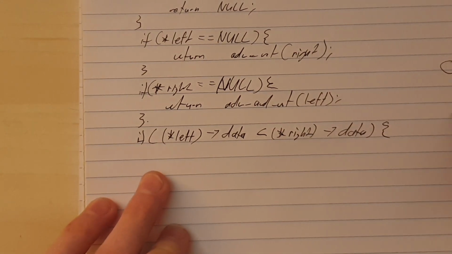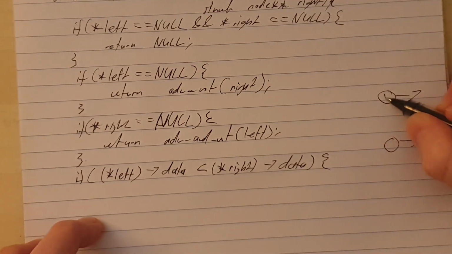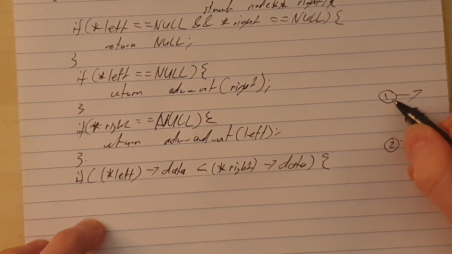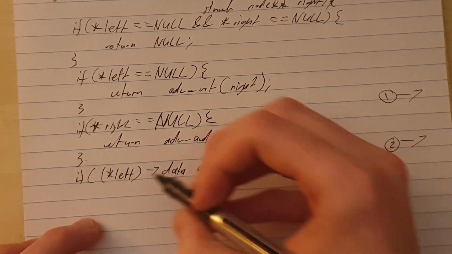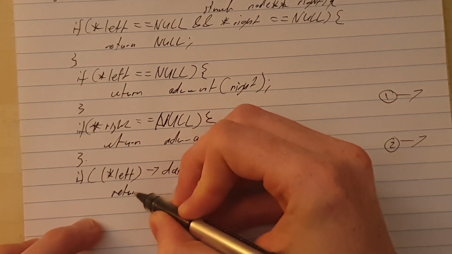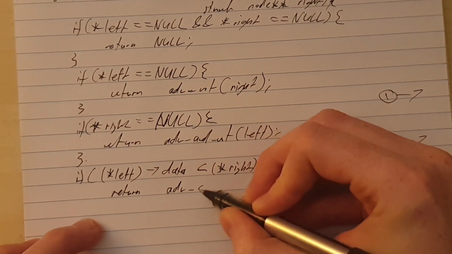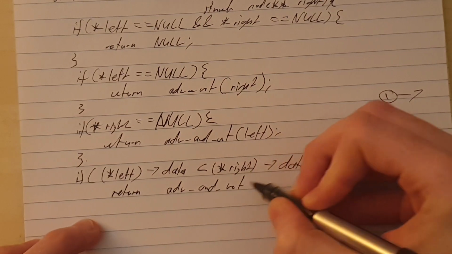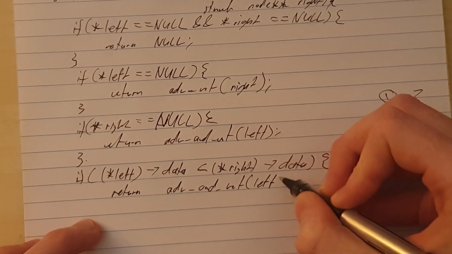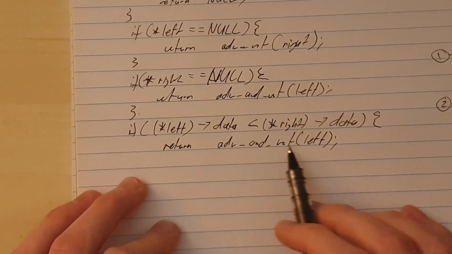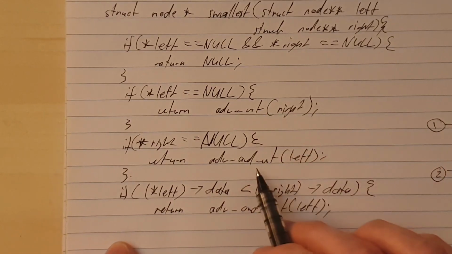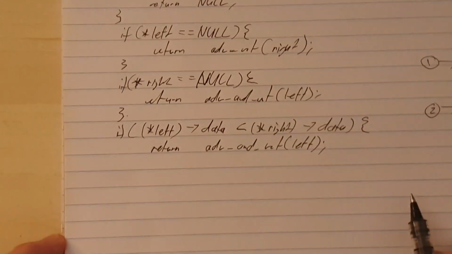So we're looking at our two nodes at the beginning of our list. If this one has, let's say, the number 1 and this one's 2, this one's smaller. So we're going to want to advance and return the smaller one. So you just do return, advance, and return left once again. Right? And the advance and return, you can see here, it's really doing a lot of the heavy lifting for us, which is quite nice.